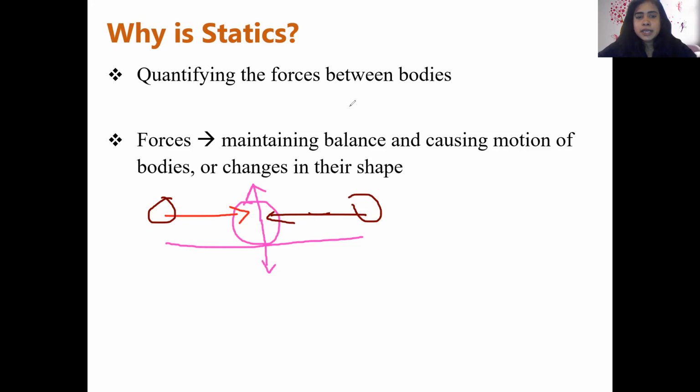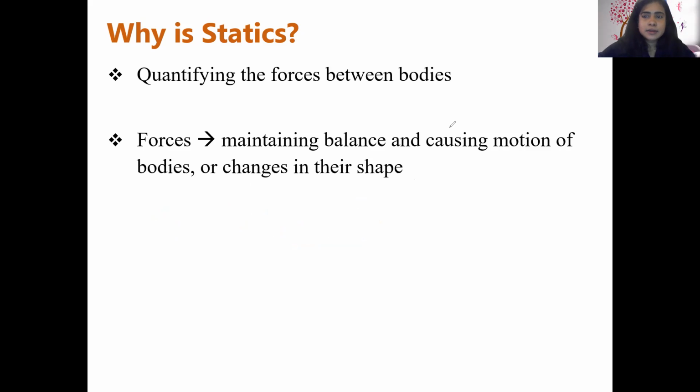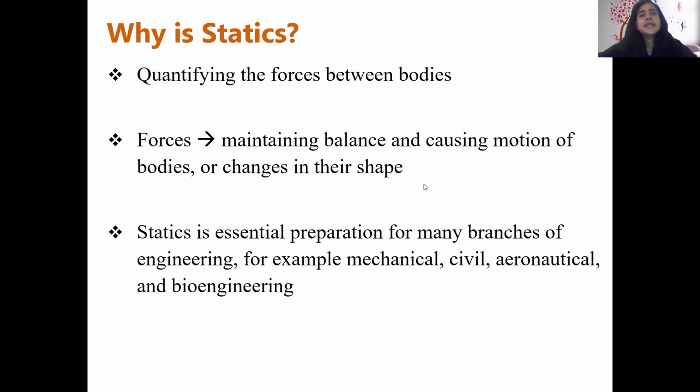So forces can keep it balanced, cause motion, or change the shape. Statics is essential for many branches of engineering: civil, mechanical, aeronautical, and bioengineering. Statics is the fundamental where you see how forces change the motion of your object in any way. Thus we call it equilibrium.